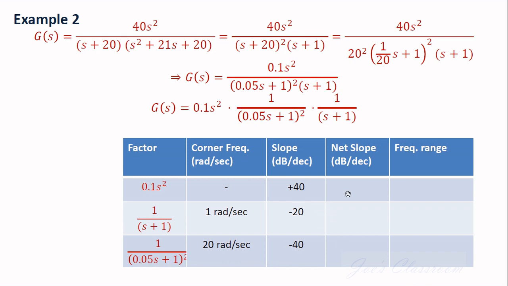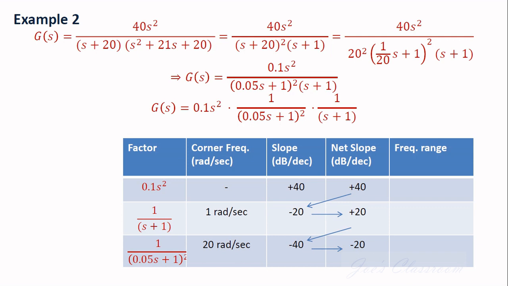Now we have to get the net slopes. Initially it is going to have the plus 40. Then second is this plus 40 plus this minus 20, that is going to be plus 20. And third, this plus 20 minus 40 is going to be minus 20.